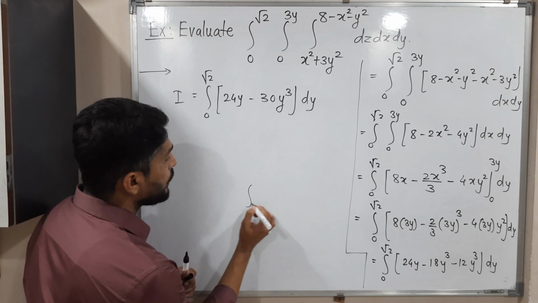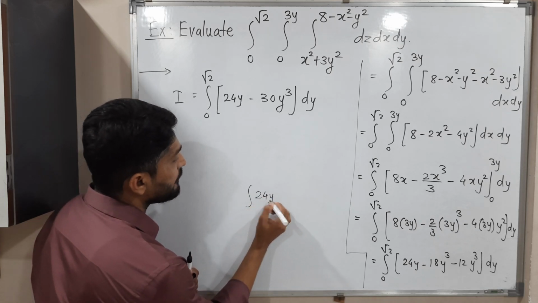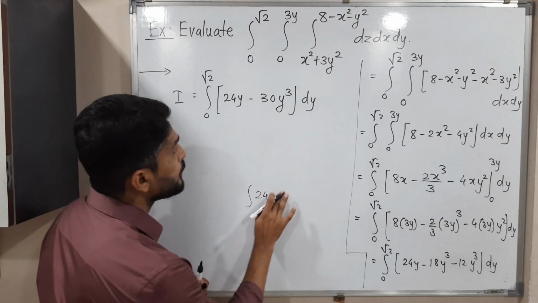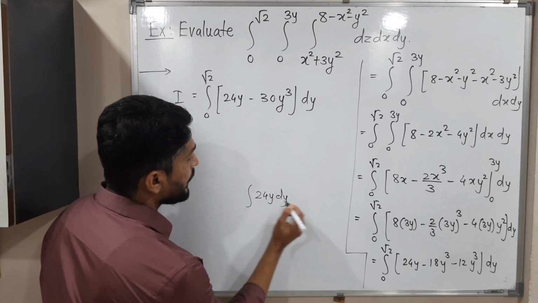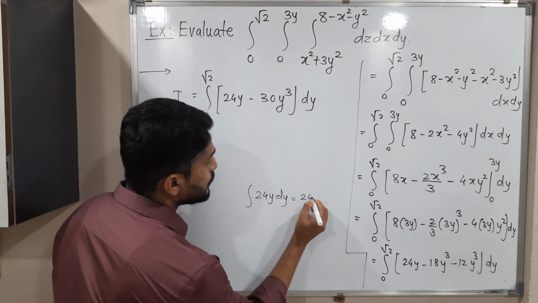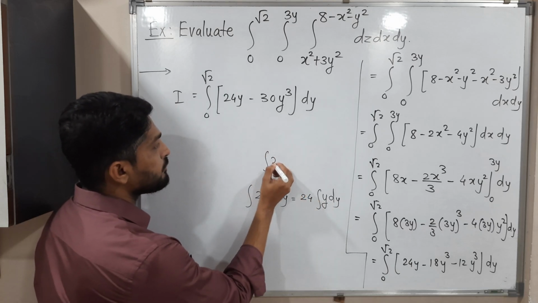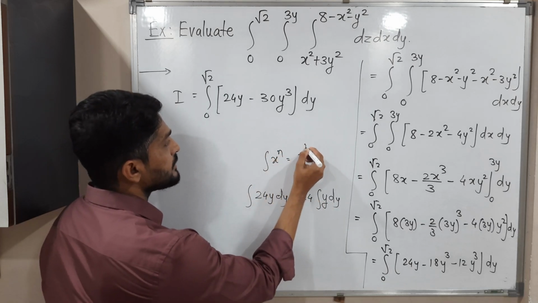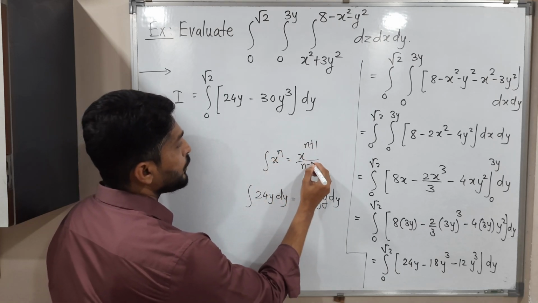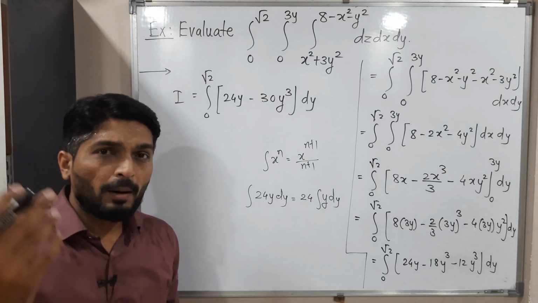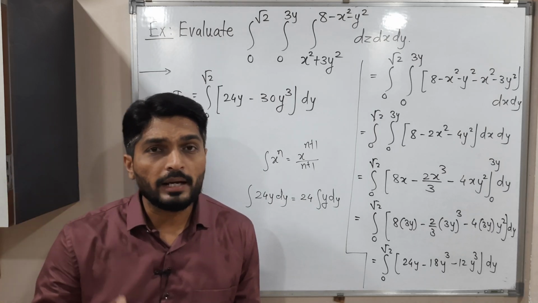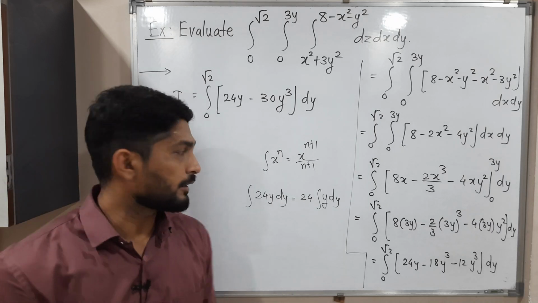So let me show you how we find the integration of 24y, with respect to dy. So 24 is constant, will come outside, integration of y dy. So we have this basic formula of integration. x raised to n is x raised to n plus 1 upon n plus 1. Whatever the power we have, we increase it by 1 and the same number we write in denominator.